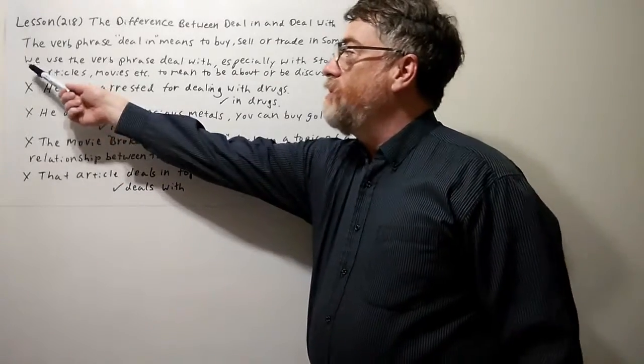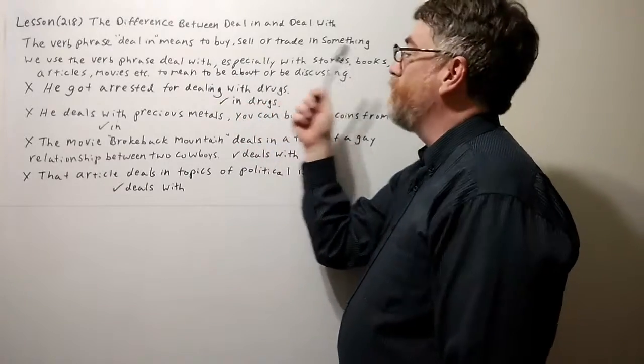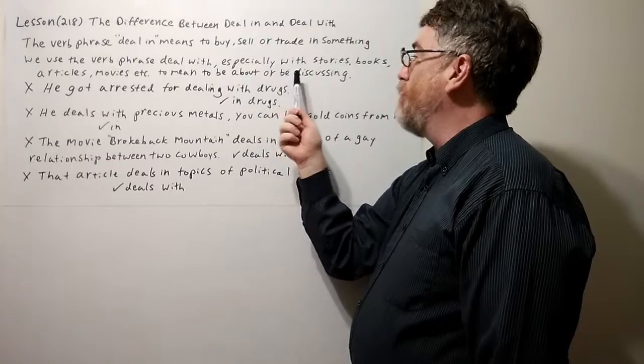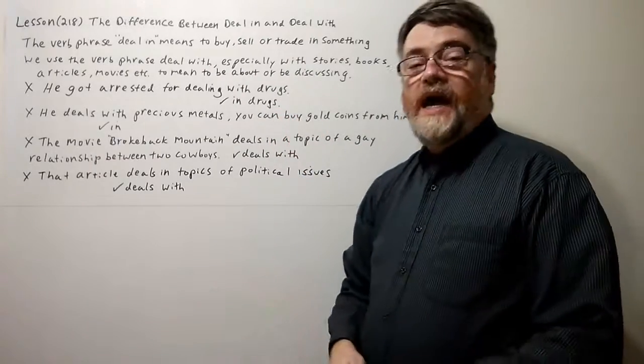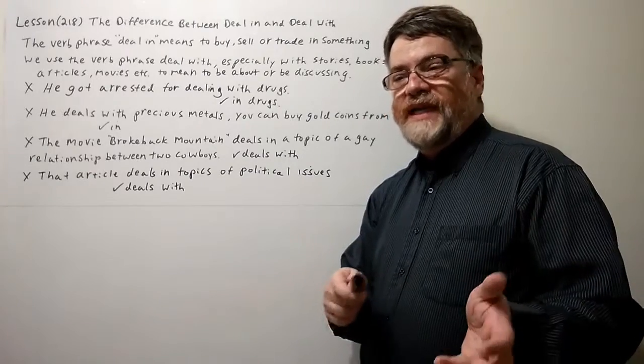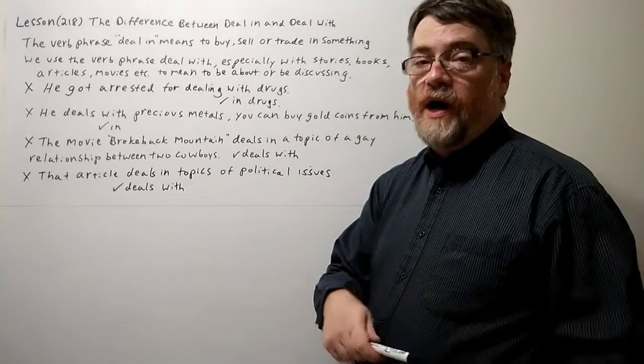Let's continue. We use the verb phrase deal with, especially with stories, books, articles, movies, etc., to mean to be about or be discussing. Now, of course, there's the other verb phrase, deal with, which means to handle or to try to deal with a problem. That's actually even more common.